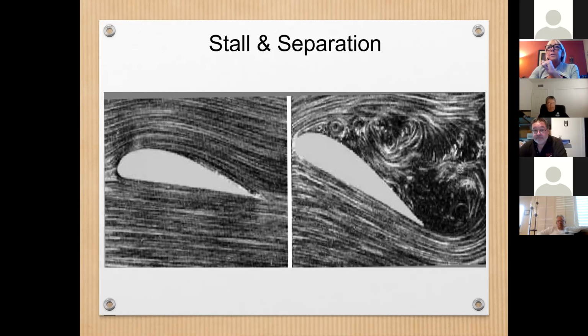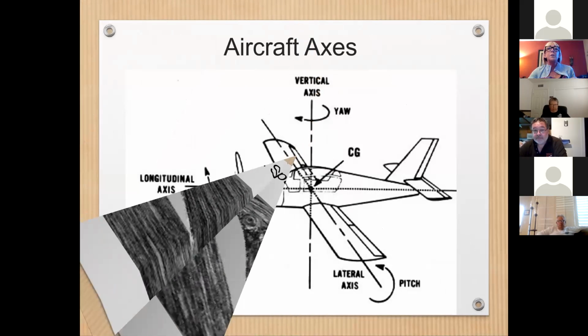They've designed your radio controlled airplanes, and full scale airplanes, to fly straight and level, where the four forces are equal. We talked about lift, weight, drag, and thrust. They want to fly straight and level like this.